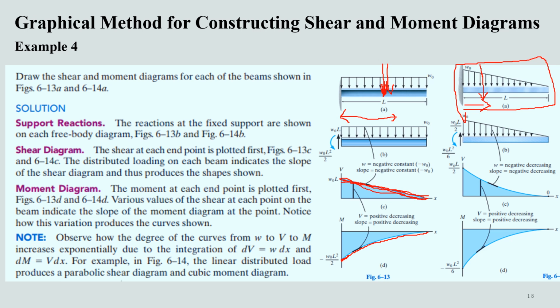So if we multiply this W naught L by 2 into this moment arm of L by 3, we'll come up with the moment of W naught into L square by 6.